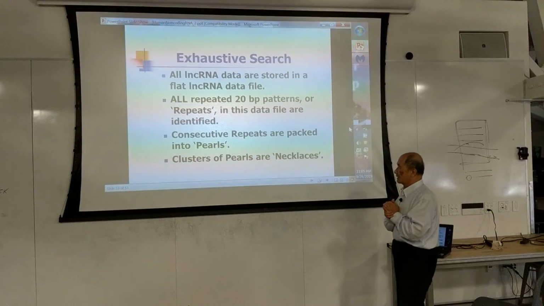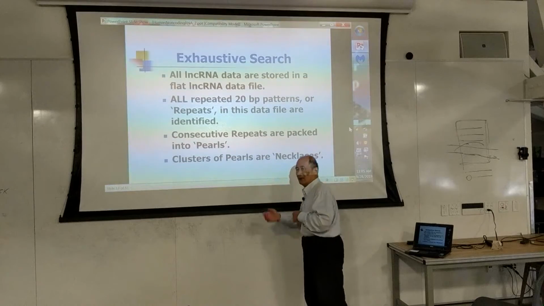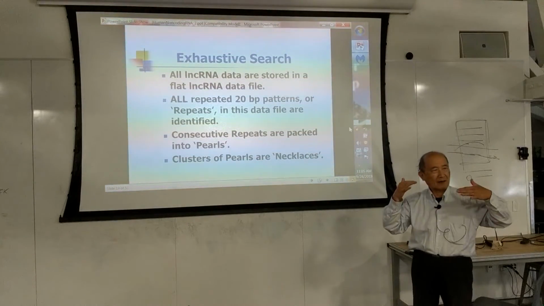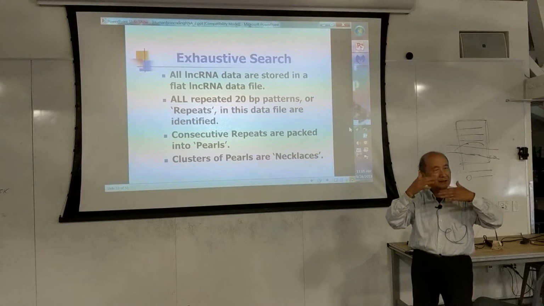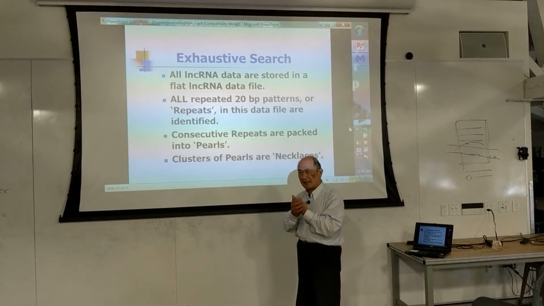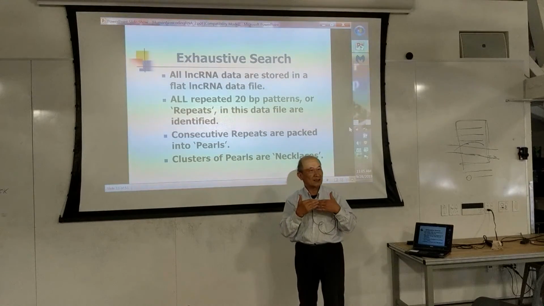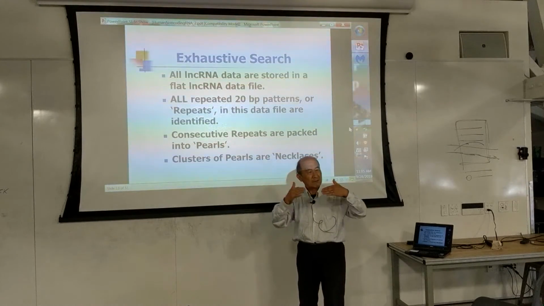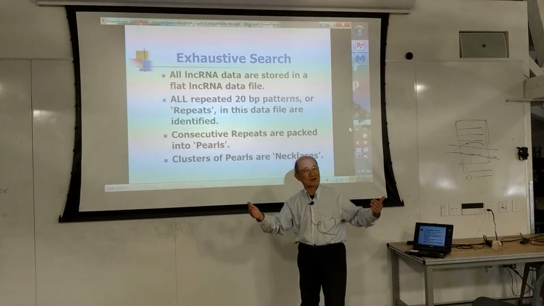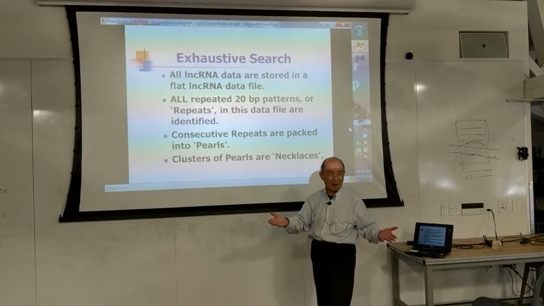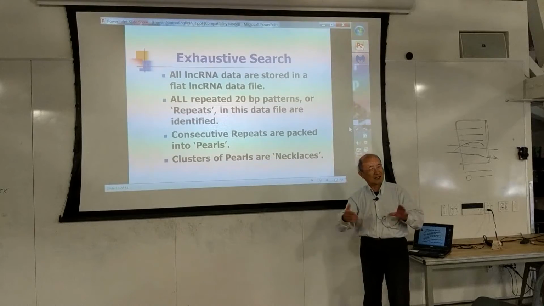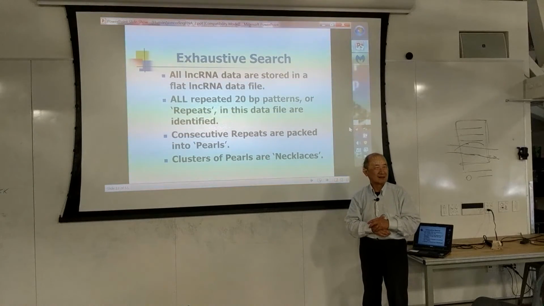I'm expecting lots of these repeats. Pairs are repeated patterns, but they are not limited to 20 base pairs. They can be longer, and some of the pairs are as long as the very long non-coding RNA, as long as 32,000 bases.